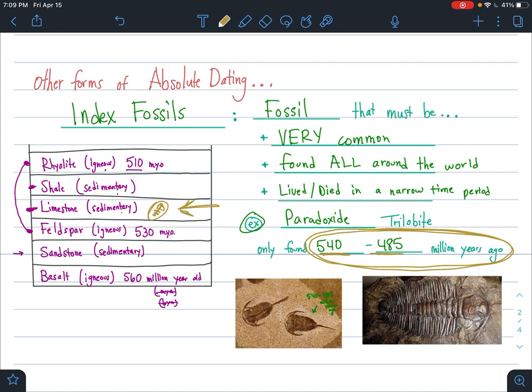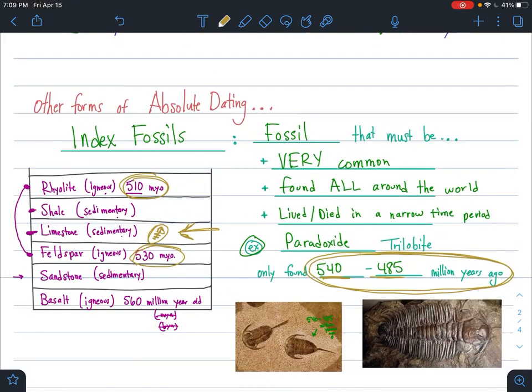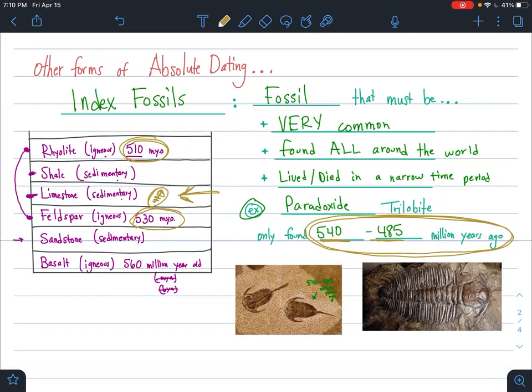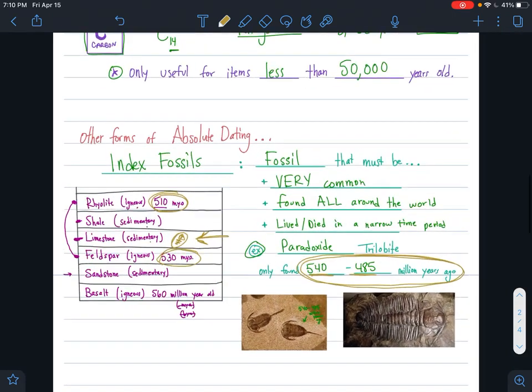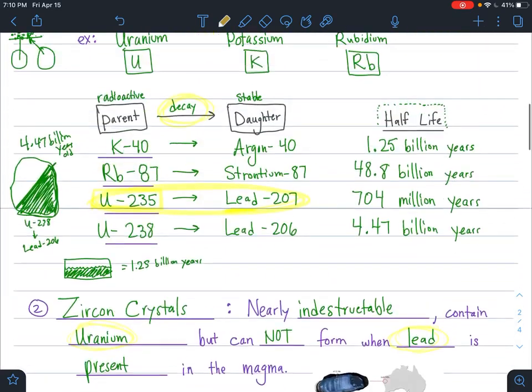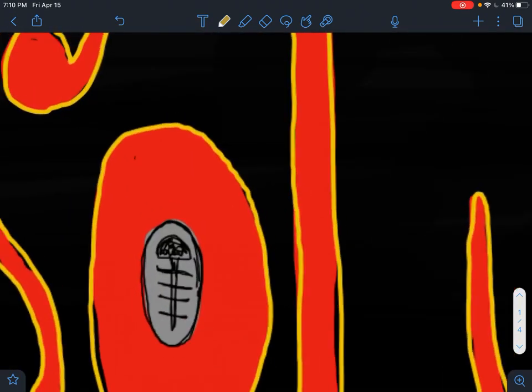Or we could get an approximate idea if we didn't have the technology or means to send in a sample of the feldspar or the rhyolite for radiometric dating. So that's where index fossils become really handy, and there are a lot of different ones. This Paradoxidae trilobite is just one example of many index fossils. So now you see how we age and date different layers of the Earth. Adios.